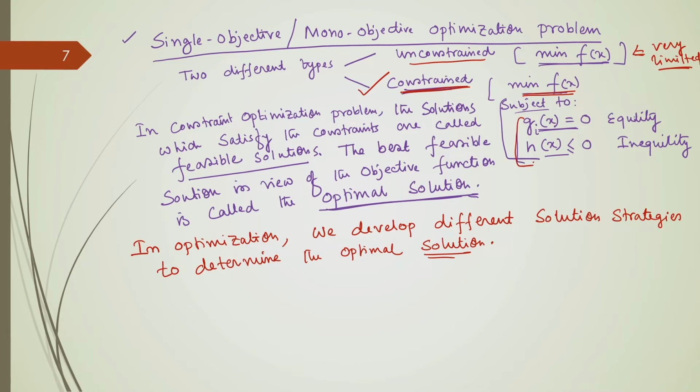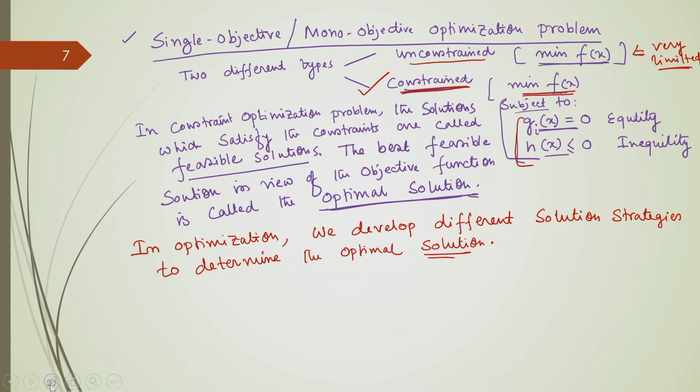Some of the constraints might be equality constraints, some might be inequality constraints. So, this is what the constrained optimization problem is all about.